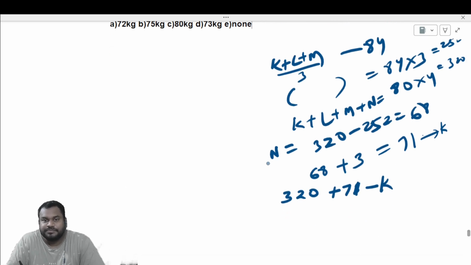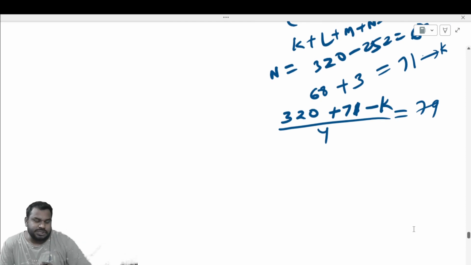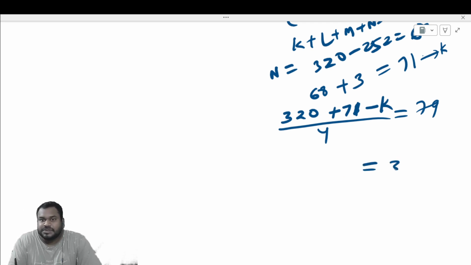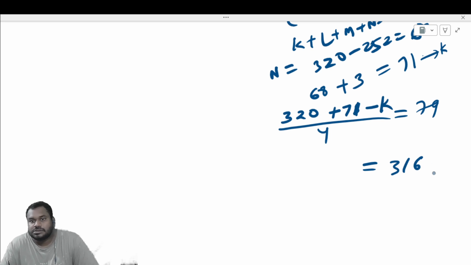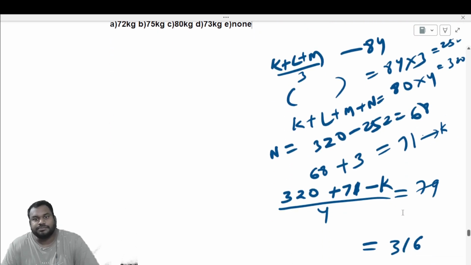Because of this operation, the average is 79, so 79 into 4 is 316. 320 minus 316 is 4. 4 plus 71, K is equal to 75. So this is the answer. Option B is the correct answer.